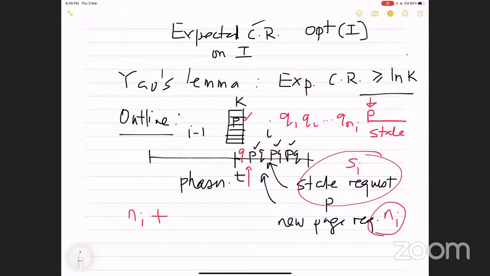It depends on what you did during these Q1 up to Qni. For each of these Q1, Q2 up to Qni, you will evict a random page from the cache, because all of them are unmarked and none of them are getting marked.